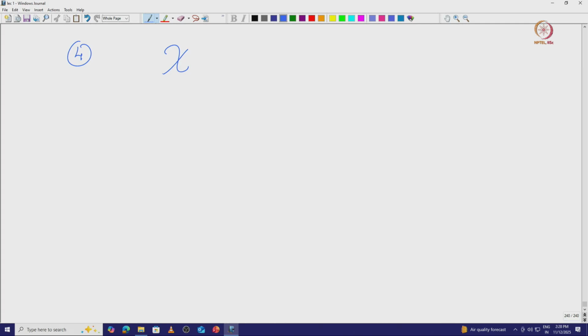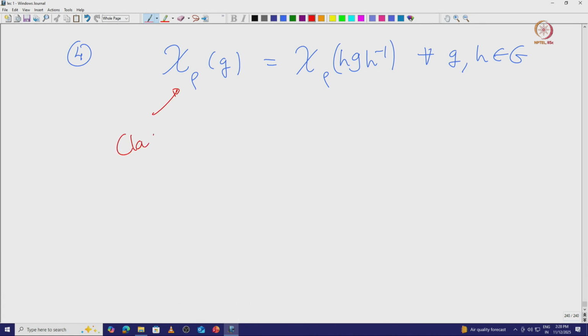So, chi rho of g is exactly equal to chi rho of h g h inverse for all g and h in G. Complex valued functions on G satisfying this property are called class functions. So, basically we are saying that chi rho is a class function.